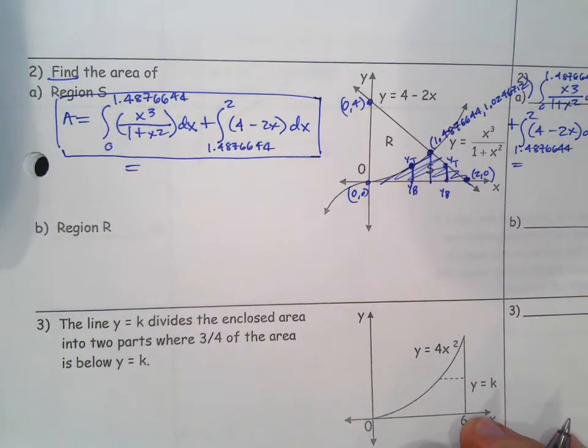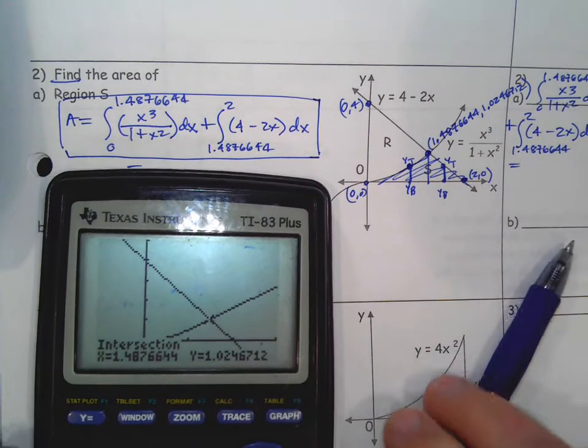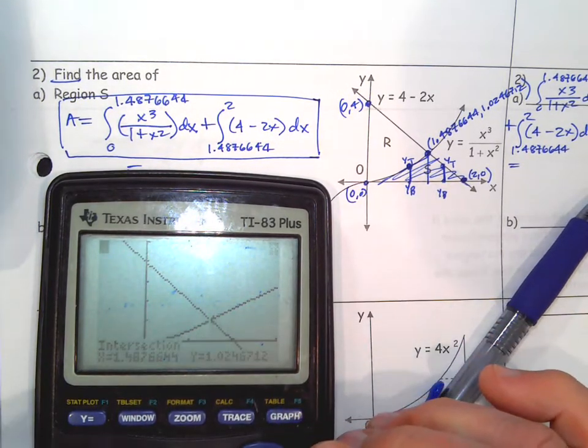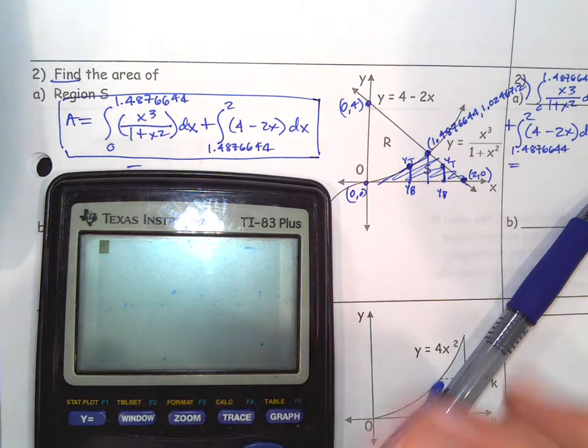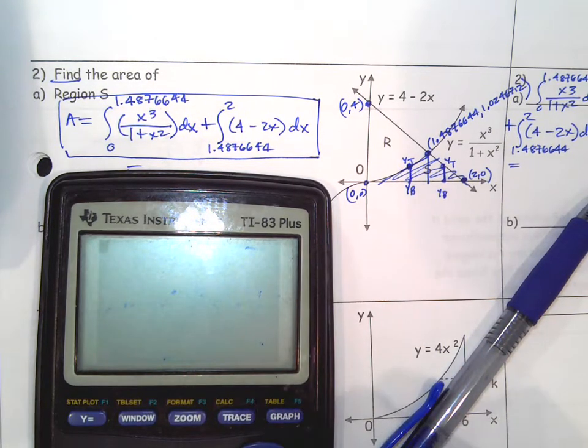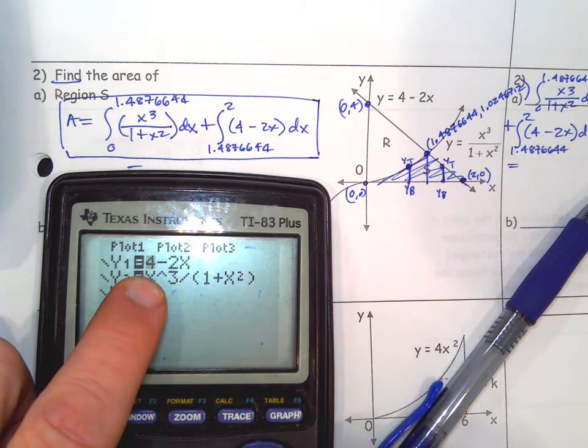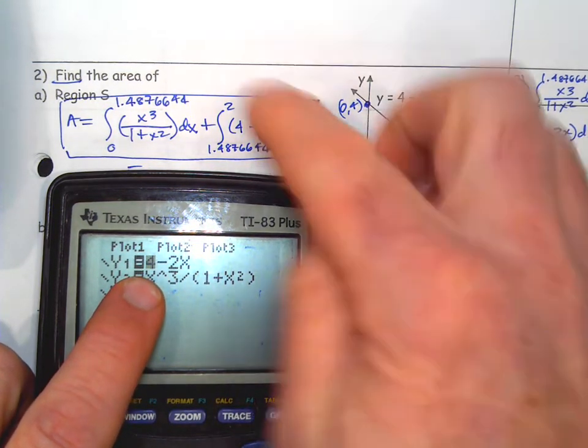So let's see what we get. I wouldn't do it on the screen because you'd have to break it up and do it in separate chunks, write it down, add them up afterwards. On the home screen, you do everything at once. Now, we could take advantage of the fact that we put these in the Y menu and use the Y vars thing. You just have to remember which one you did. So that's Y2.